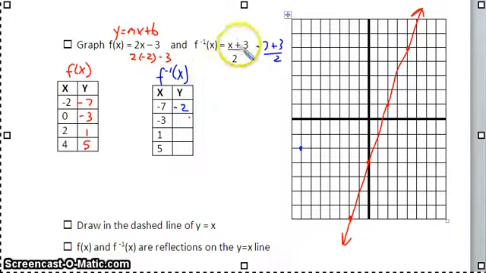When I plug a negative 3 in here, I end up getting a 0. When I plug a 1 in here, 4 divided by 2 would be 2. And finally, when I put a 5 in here, 5 plus 3 is 8. 8 divided by 2 is 4. So this is what my graph would look like.